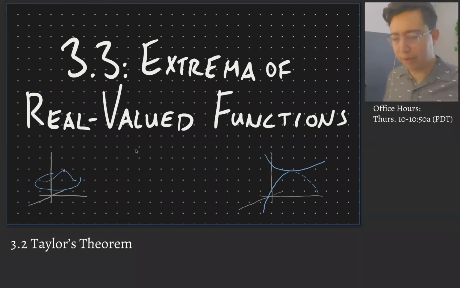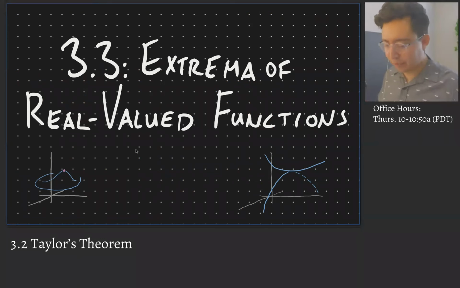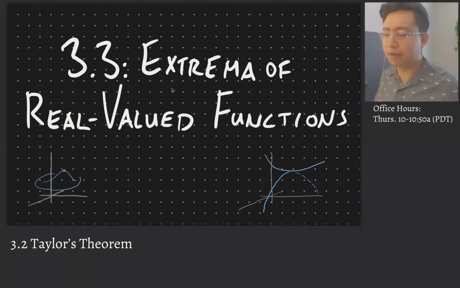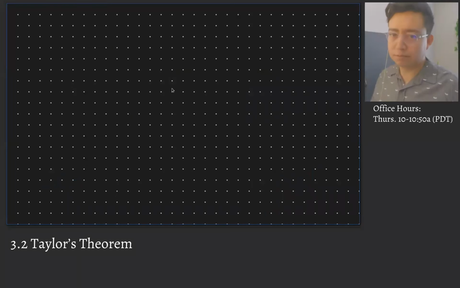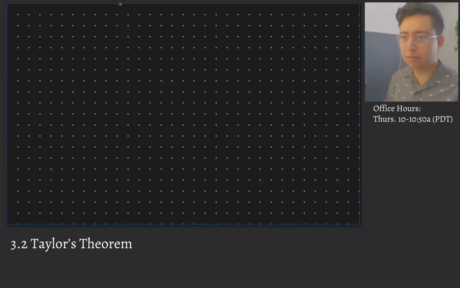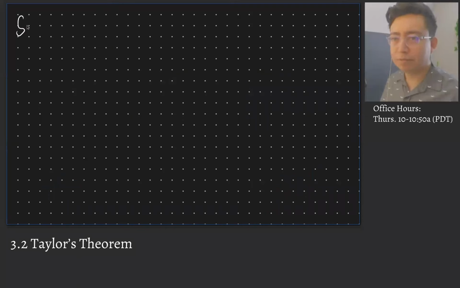So I guess before we jump really into it, because like I said, there's a lot to cover, I want us to remember, from single variable calculus, the main way we would find extrema, right?